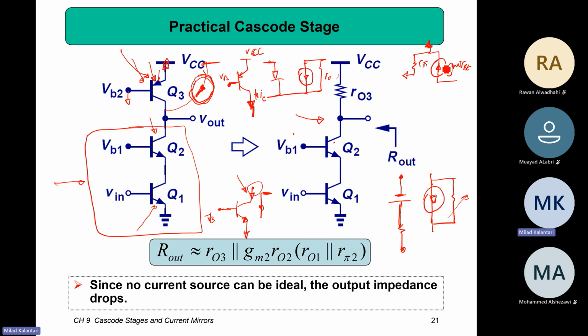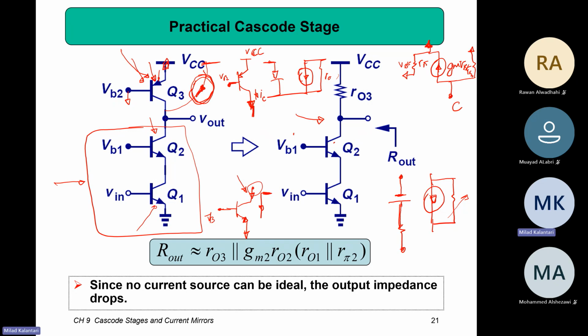The direction of the current is toward the emitter. And there is RO, and here is the collector of the PNP. Here is the VBE.